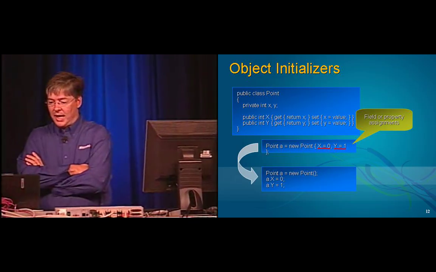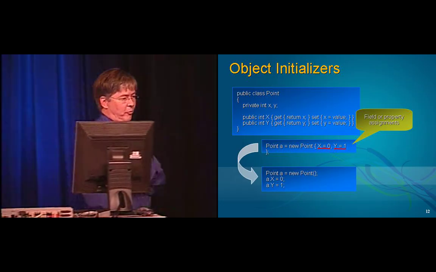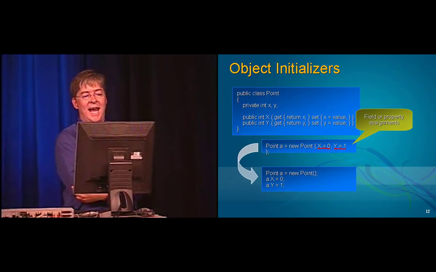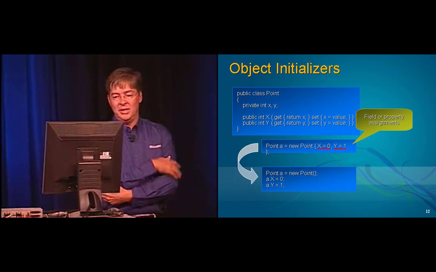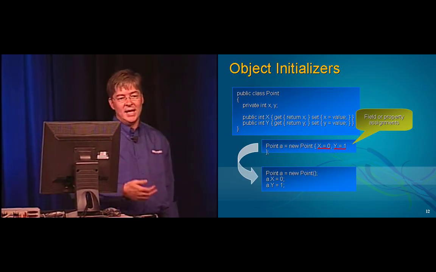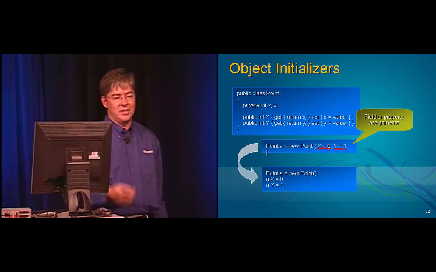So object initializers is one of the language extensions that we have in place for inline initialization of objects. Let's say I have myself a class called Point with two properties, X and Y, for example, and I want to create instances of Point. Well, today I'm going to have to new up points and then assign to its properties in order to get myself a new point.